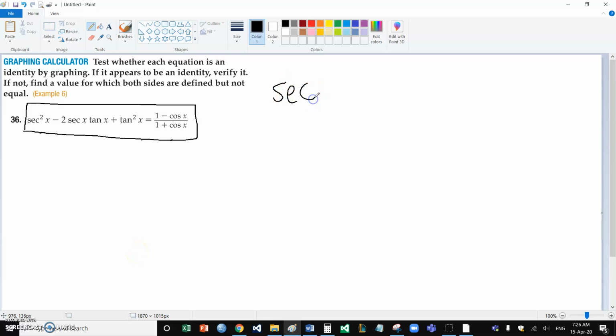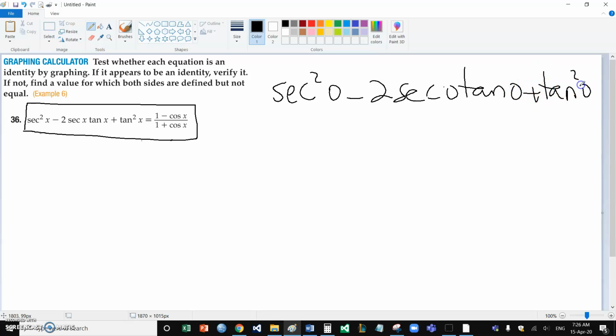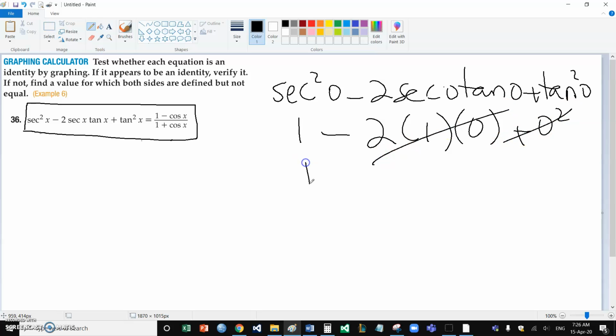Secant square 0 minus 2 secant 0 tangent 0 plus tangent square 0. Secant 0 is 1, so 1 minus 2 times 1 times tangent 0, which is 0, plus 0 square. This is 0, so it's 1. That's the left side.